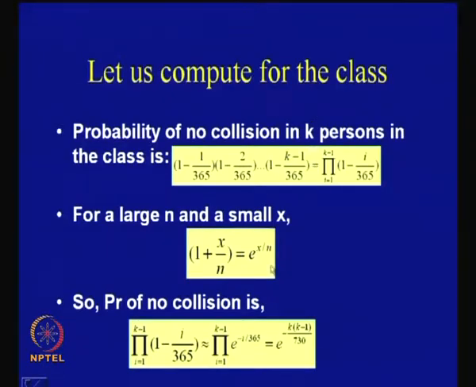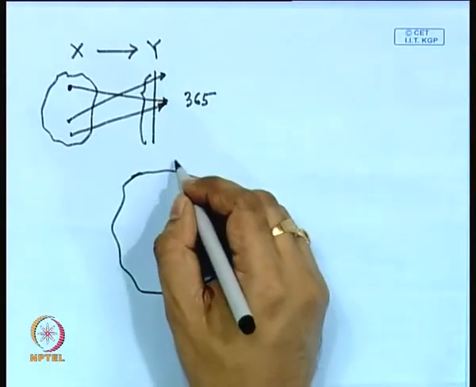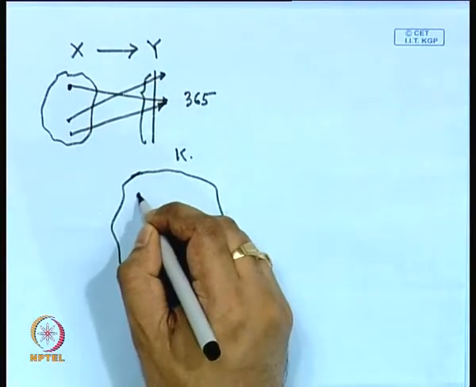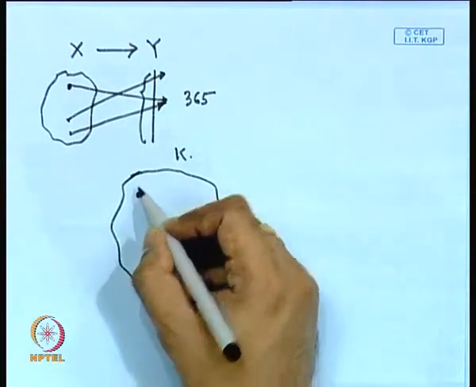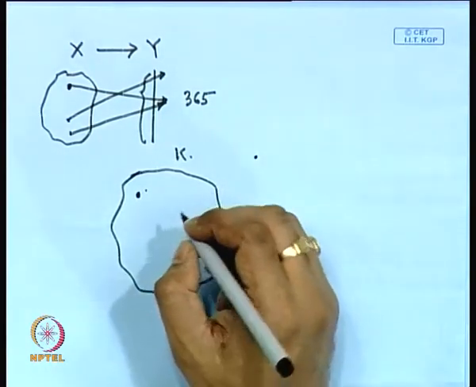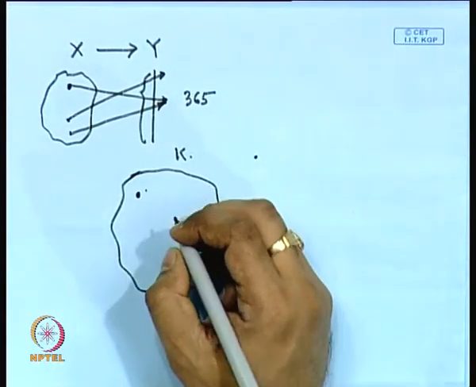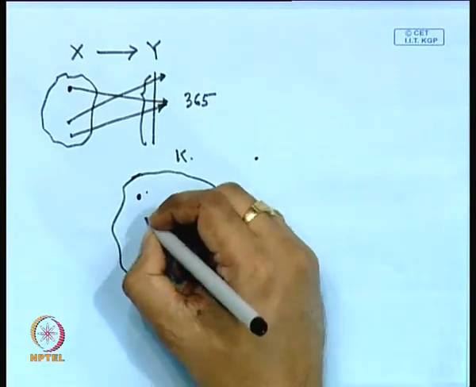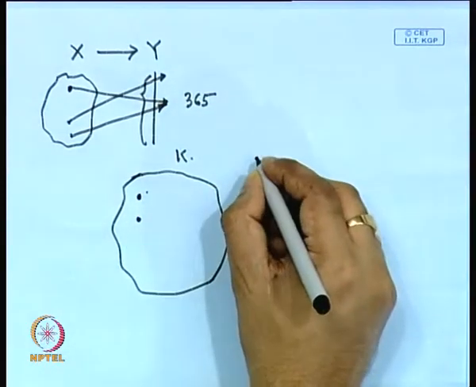So we can actually compute this quite easily, as follows. Let us first find the probability of no collisions among these k persons. If there are k persons in the class, and the first person is born on a particular date, then for no collisions, the second person should not be born on this date.